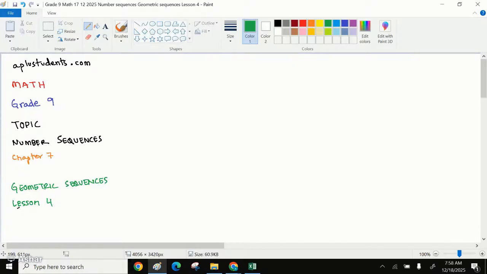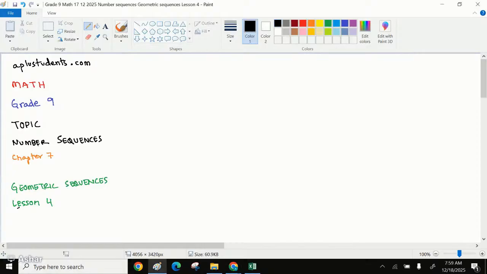So let's start off with the topic. Let's see what questions are there and let's try to solve them. So grade 9 maths, chapter number 7, number sequences, and lesson number 4, that is geometric.